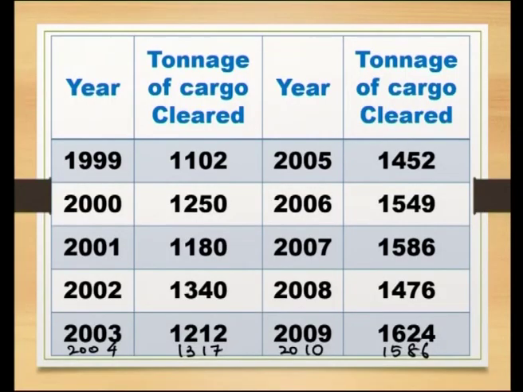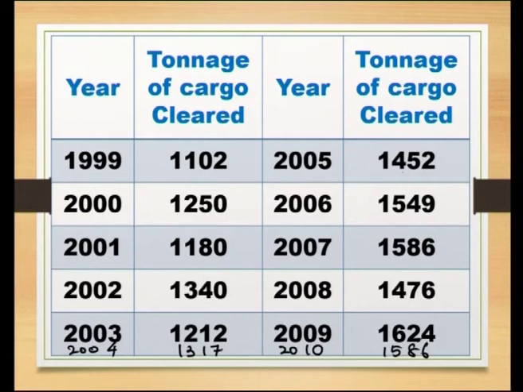This is the data given in the question from 1999 to 2009. The years are 1999, 2000, 2001, 2002, 2003, and then corresponding to the year 2004, the value is 1317.